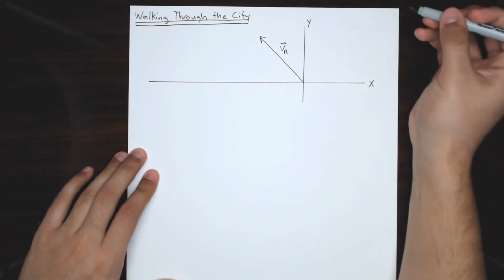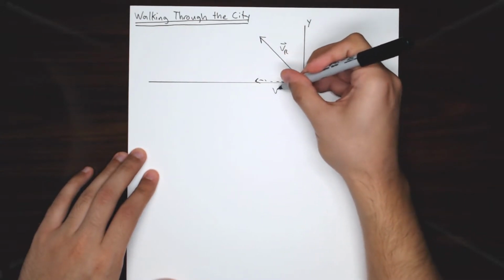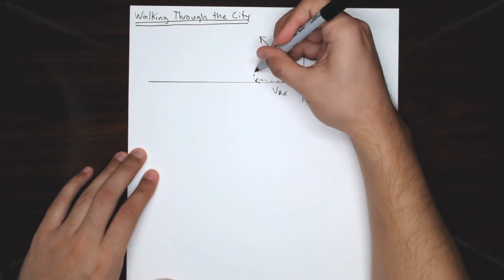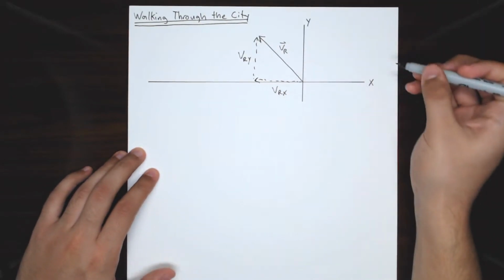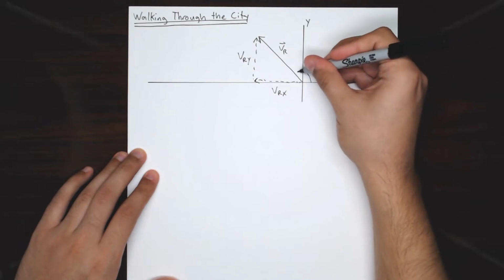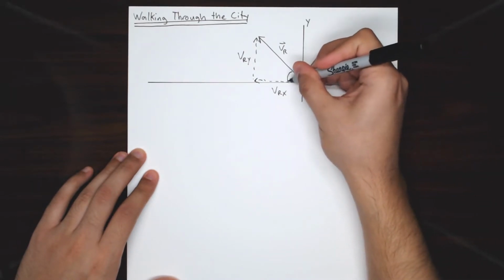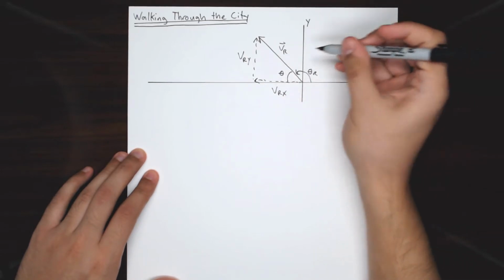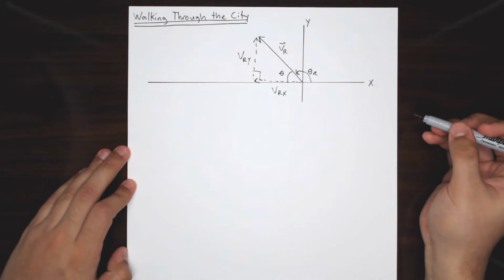And so here it is. So we said before that it has an x component, VRX, and it has a y component, here VRY. We're trying to find this angle here. This is theta r. And we could also define this interior angle theta, and of course this is 90 degrees.